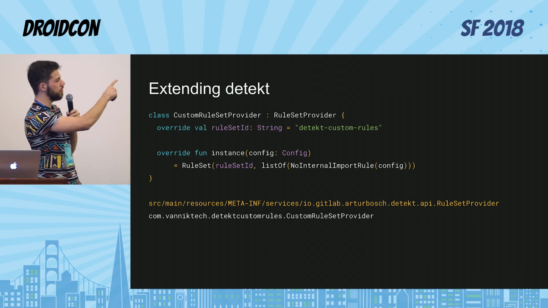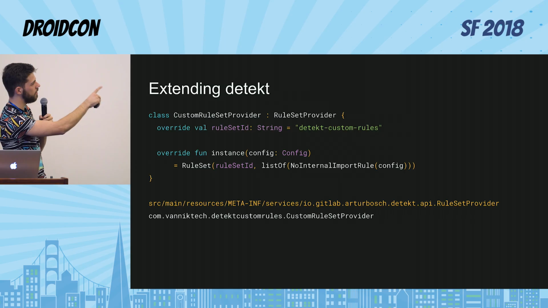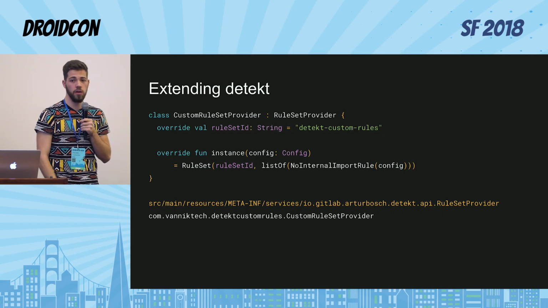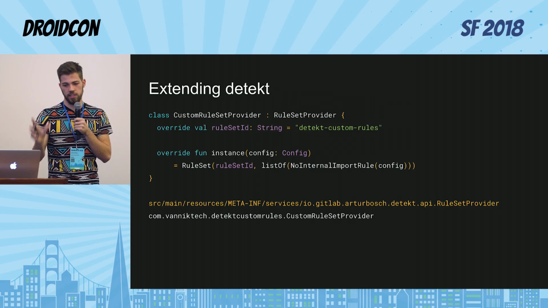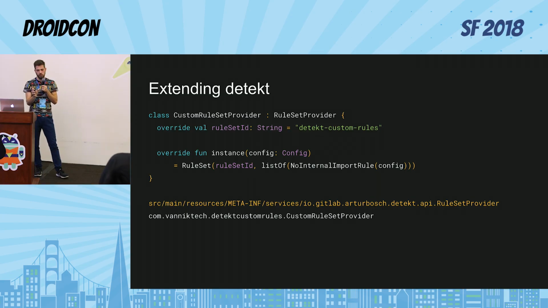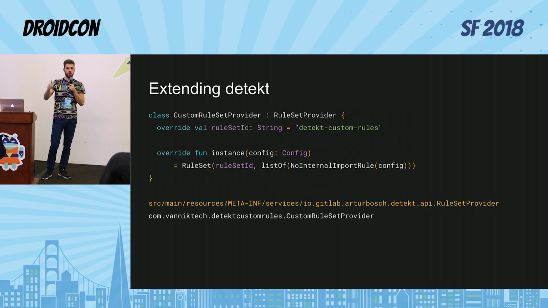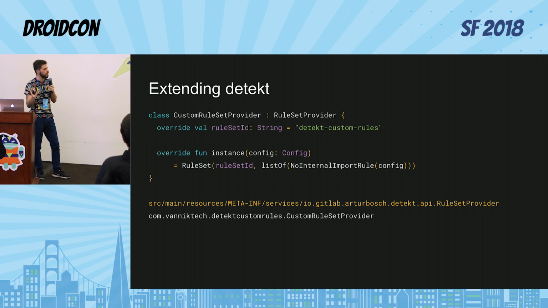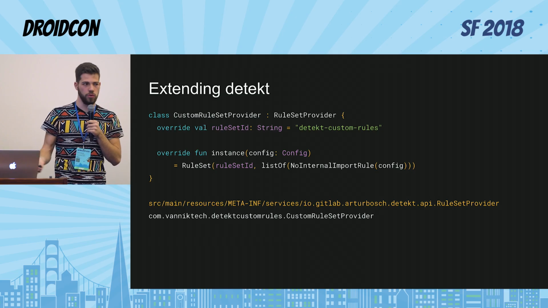So in the resources, in the META-INF, we create a file called io.gitlab.arturbosch.detekt.api.RuleSetProvider. Detekt is looking for that file, and the content of it is the fully qualified name of our rule set provider. So the way Detekt looks it up is it's looking at the jar, checking, okay, are there any custom services? If so, do they match the name Detekt expects? Then it's looking at the content, and then it can instantiate that class, cast it to a RuleSetProvider, get the rules, and run them.